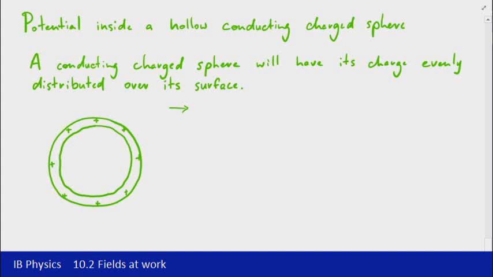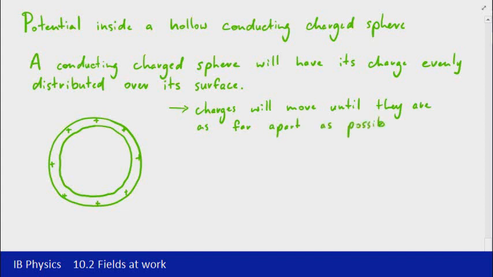In order to explain that charge separation, the first thing to identify is that charges will move until they are as far apart as possible. And secondly, in terms of that moving, they will continue to move until they are in equilibrium.